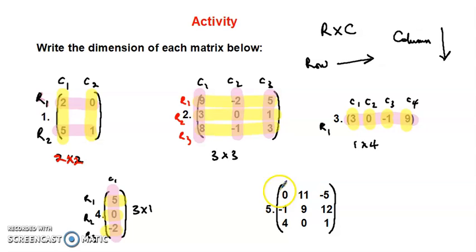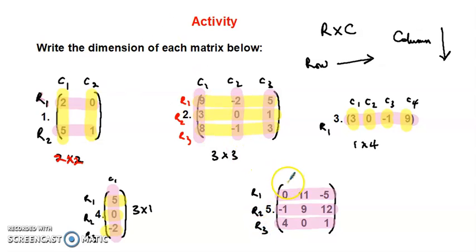Alright, and to the final one now, number 5. Let's count the amount of rows that we have going across. 1, 2, 3. Alright, so row 1, row 2, row 3.